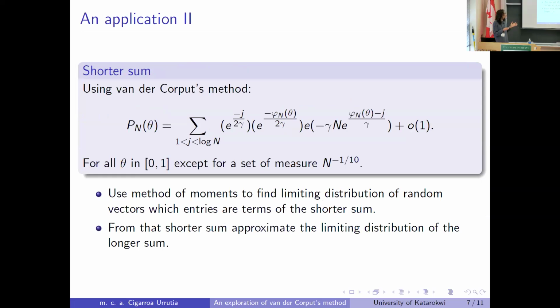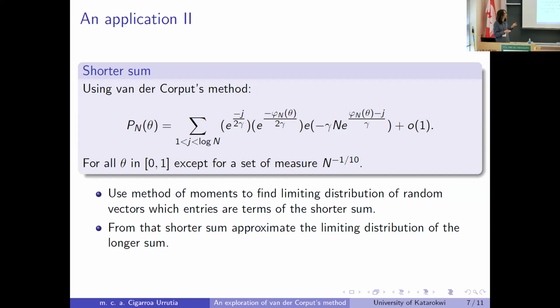We apply it to shorten the sum, and we also get a nice expression with a real term and a phase function. So we are hoping that for sufficiently large n, these two terms are going to become independent, or at least that's the intuition that we're getting.